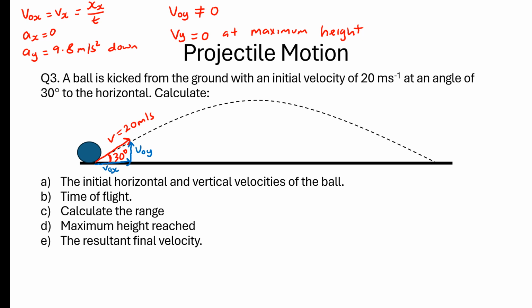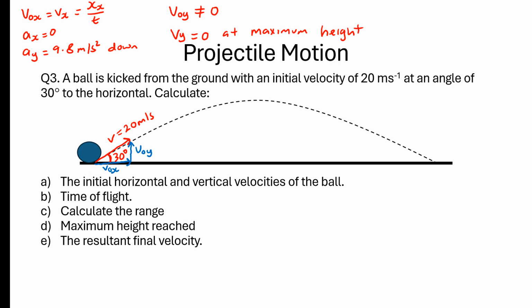So we can use here SOHCAHTOA to find v naught x and v naught y. We just have to use trig ratios. Here we have a right angle triangle. We know the hypotenuse, we know the angle, so we can just use sine and cos ratios to find v naught x and v naught y. And because v naught y is opposite to the angle, v naught y equals hypotenuse times sine theta.